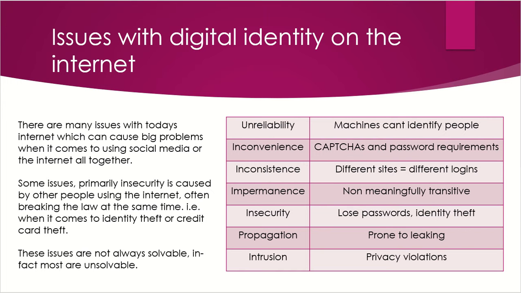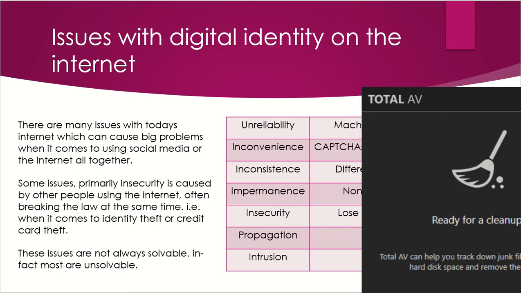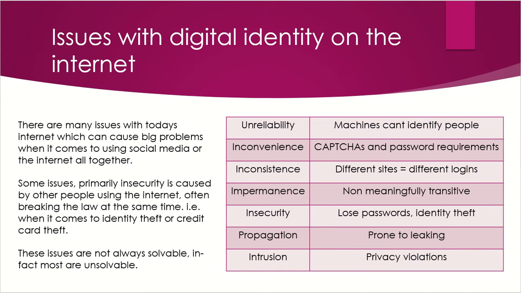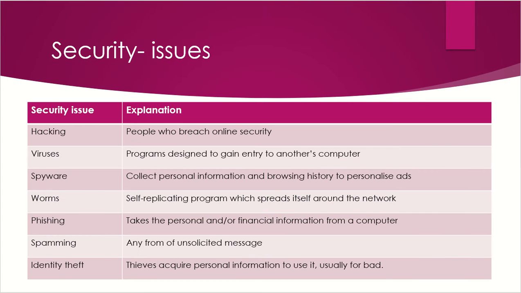CAPTCHAs are completely automated public Turing tests to tell computers and humans apart. The next issue is inconsistency, as different sites require different logins and registrations. There are more concerns, including impermanence, insecurity, propagation, and intrusion that can cause problems when using the internet.